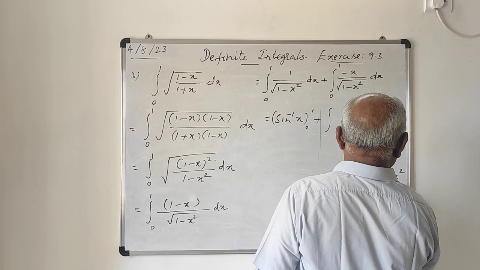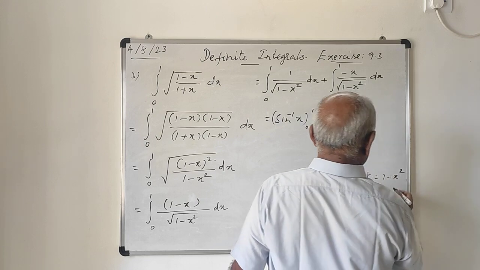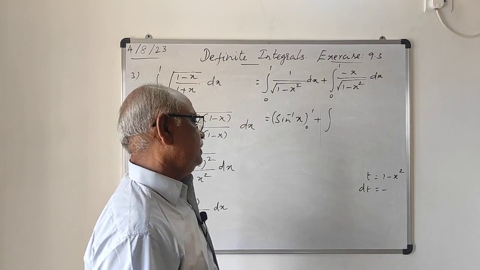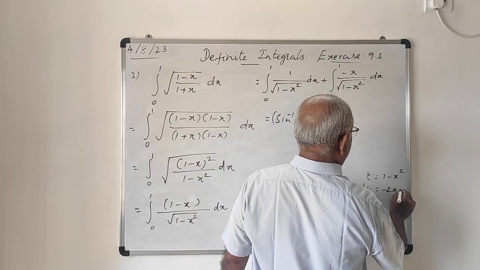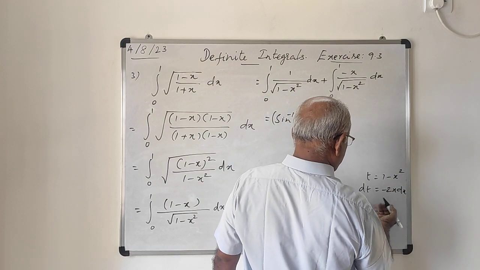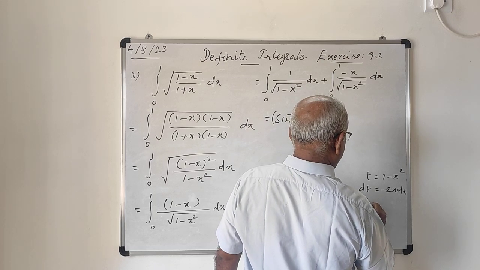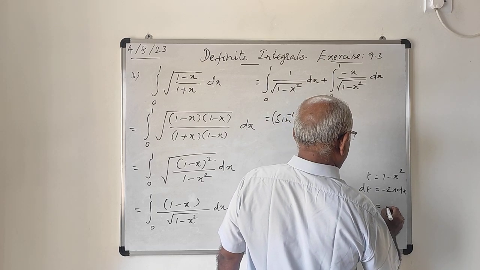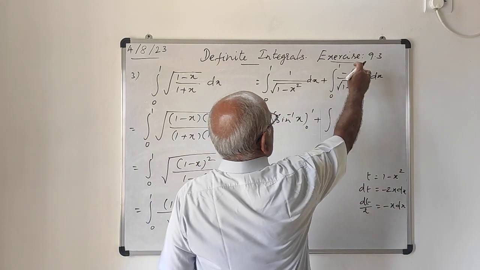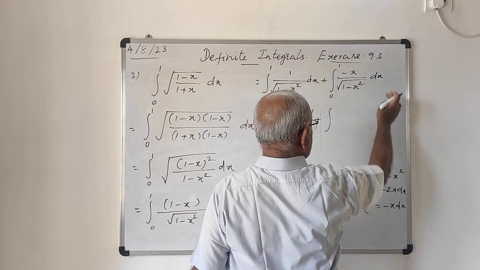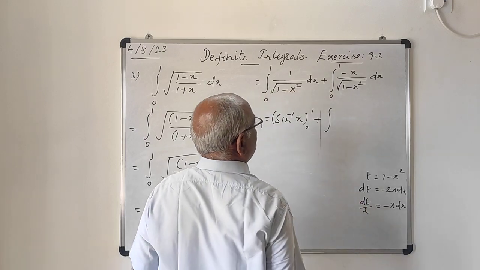Therefore dt is the derivative of 1 minus x square, that is minus 2x dx. Derivative of 1 is 0, x square is 2x dx. So you bring this 2 here: dt by 2 equal to minus x dx. In the numerator you can replace minus x dx by dt by 2.